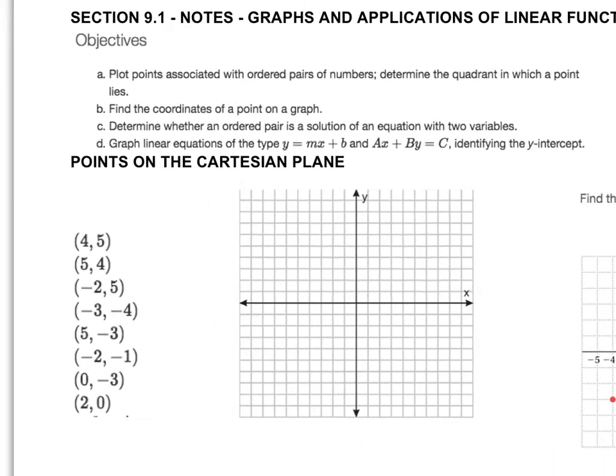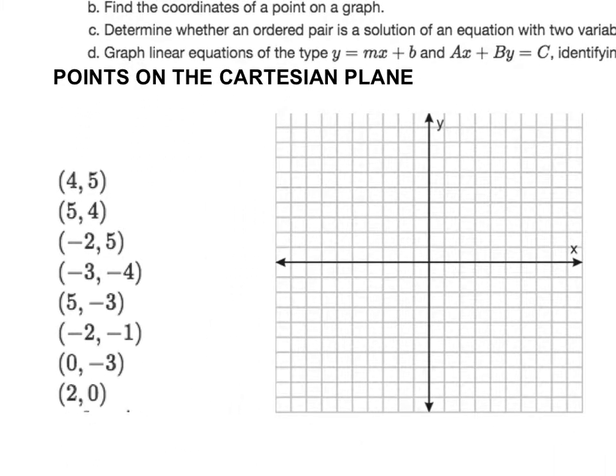What I want to do is take a look at these points here. Now, whenever I have a point on a graph, we always call this the point x comma y. So the first number in any point is always your x value, and then the second value in this point is going to be your y value.